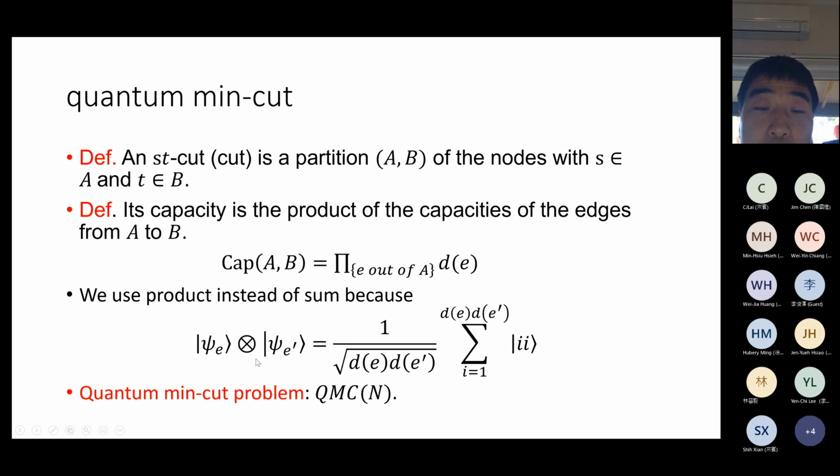With a dimension d maximally entangled state and a dimension d prime maximally entangled state, we tensor them, and the dimension becomes d times d prime. So instead of summation, we use product in the quantum case. And the quantum min cut problem is to find, for a quantum tensor network, the QMC.